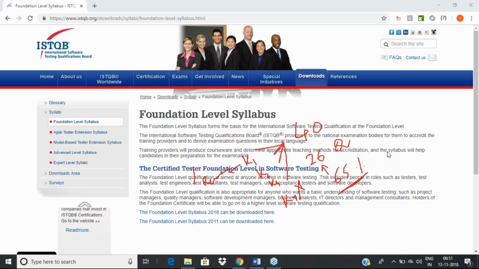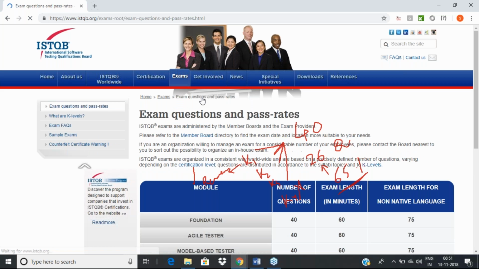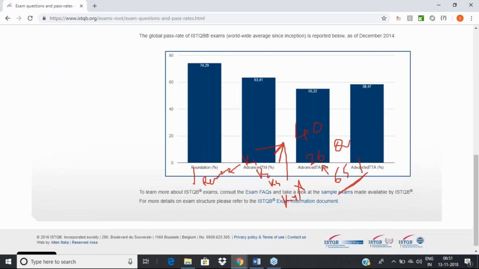No. Model papers on the website are very few. I can show you from where you can get the model papers as well, but they are very few. You will get only a few things. Let's say exam questions and pass rates. This I've already covered: 40 questions, percentage, how many people went through already.